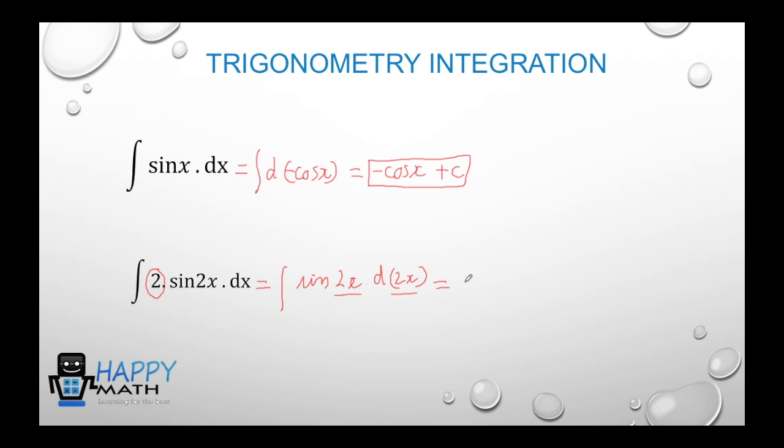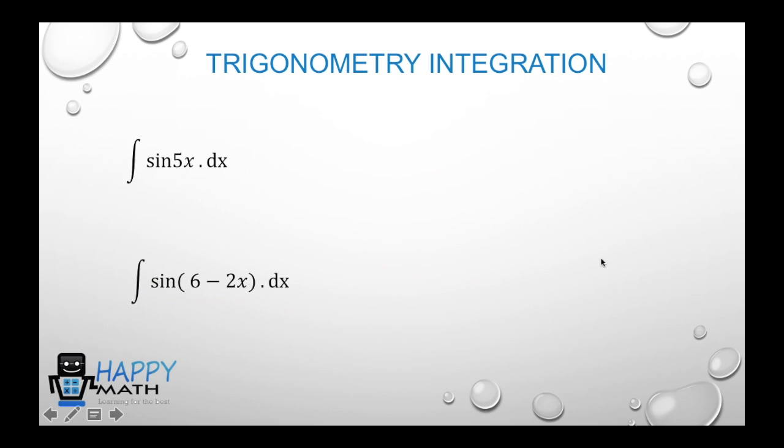Applying the method, the original function is minus cos of 2x plus c at the end. Very easy, like cos function integration.